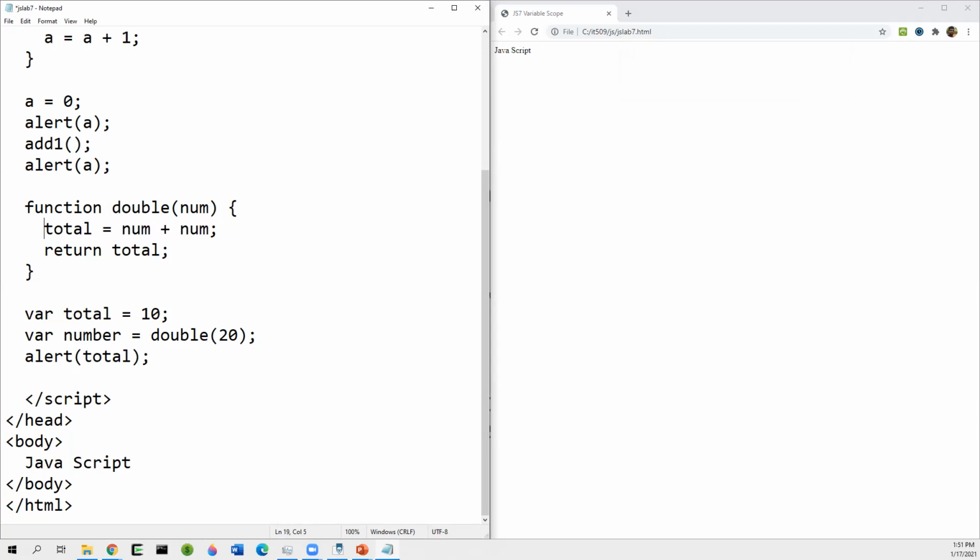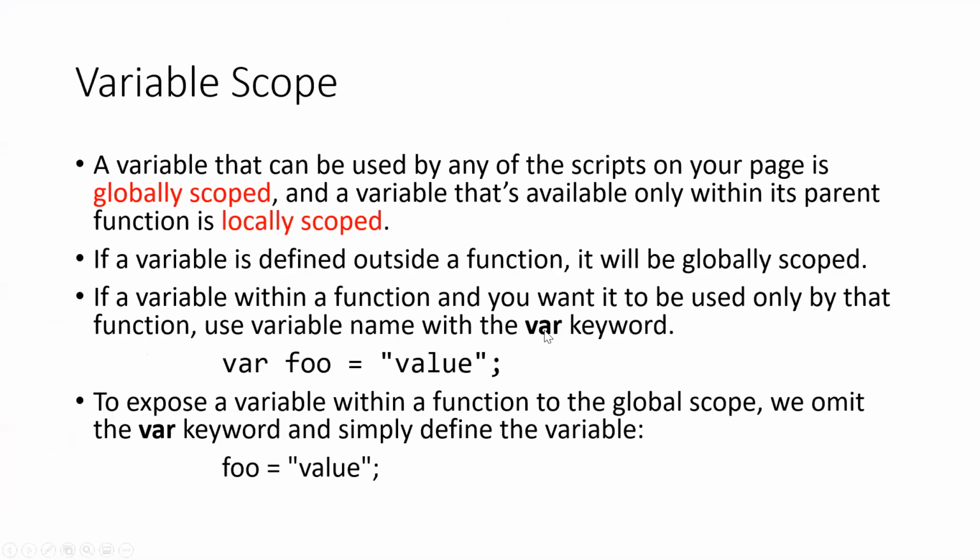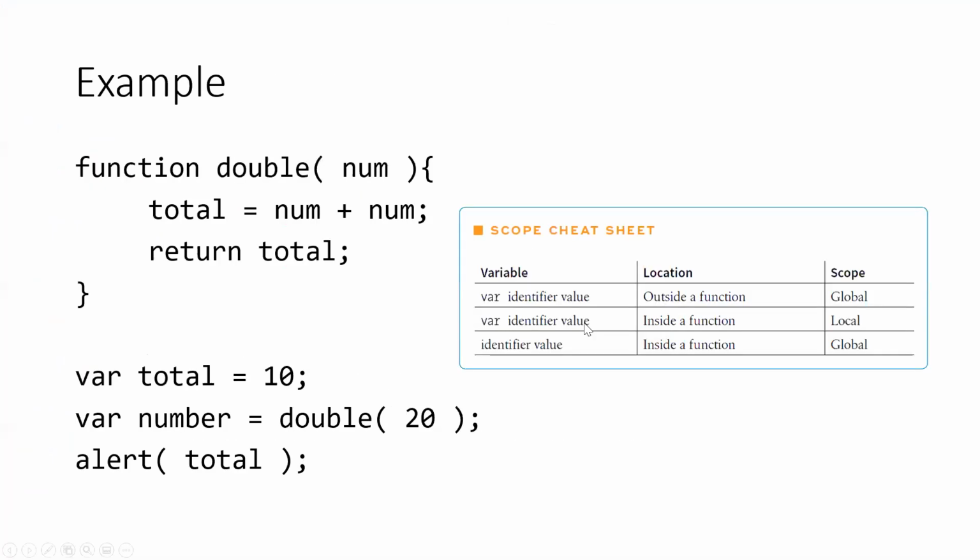There's a slide actually, we discussed this under variable scope. If you have a variable with var identifier outside the function, the scope is global. If there's a var identifier but within the function, then scope should be local. And if you have only the identifier inside the function, then it's global. So keep this in mind when you work with JavaScript.